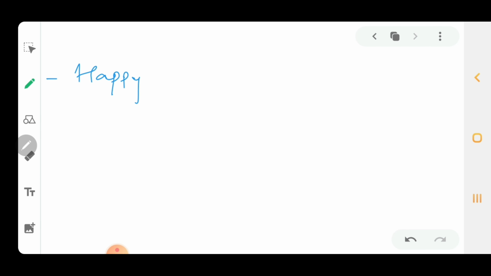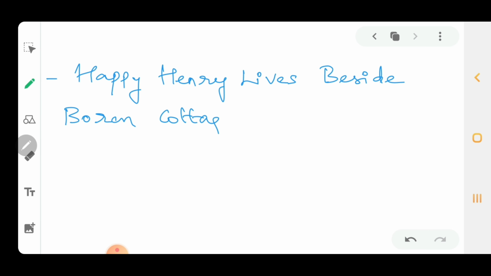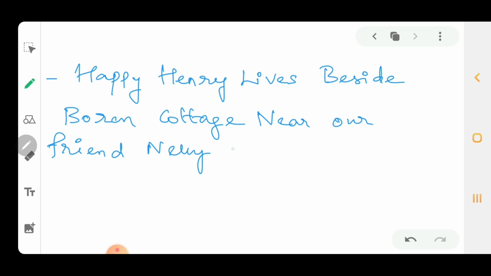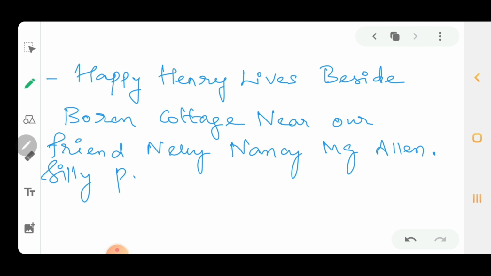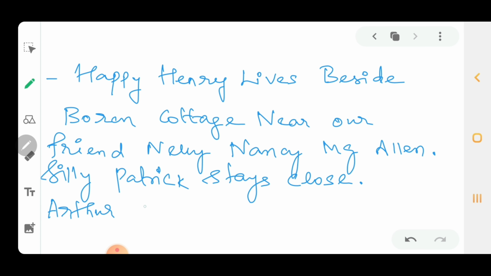So the mnemonic is: Happy Henry lives beside boron cottage near our friend Nellie, Nancy, Meg, Alan, Silly, Patrick stays close, Arthur kisses Carrie.